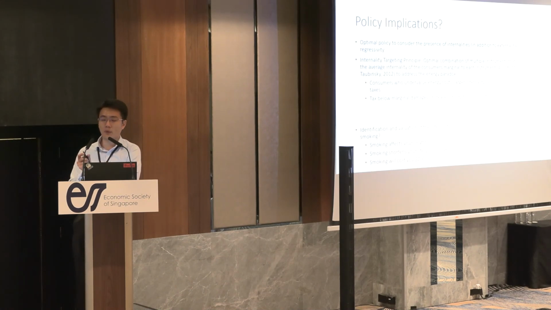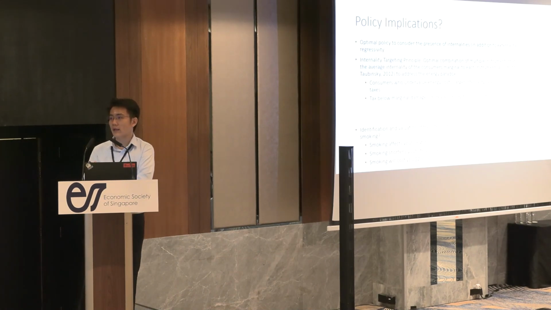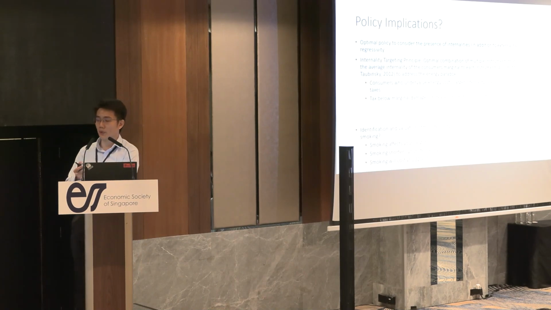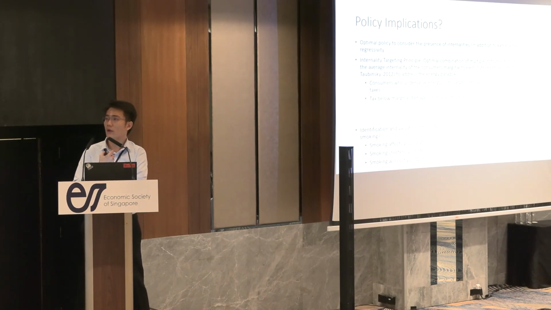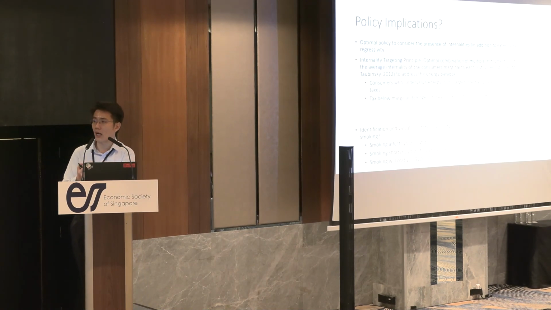There is a proposed internality targeting principle, right? When they try to find the optimal combinations of multiple instruments based on the average internality of the consumers, marginal to each instrument they use.